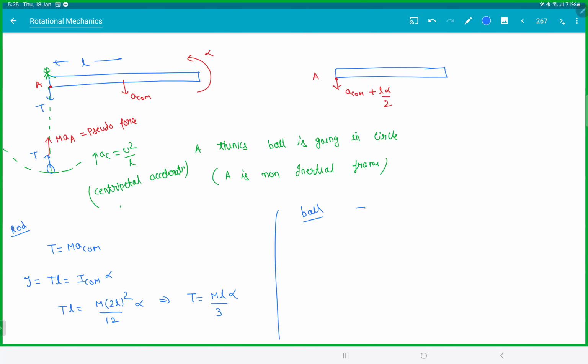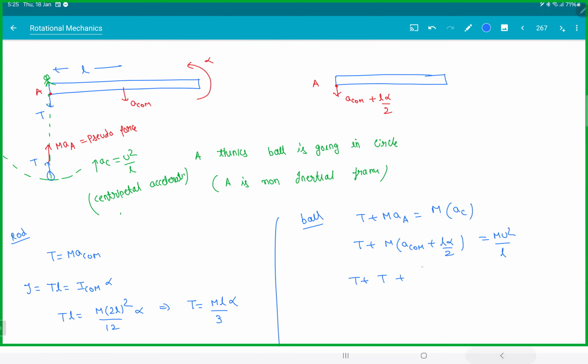And for the ball, T plus mass into acceleration of A is equal to mass into the centripetal acceleration. So tension, acceleration of A is A center of mass plus L alpha by 2, is equal to u square by L. But what is MA? MA is nothing but T. And what is ML alpha? ML alpha is 3T.